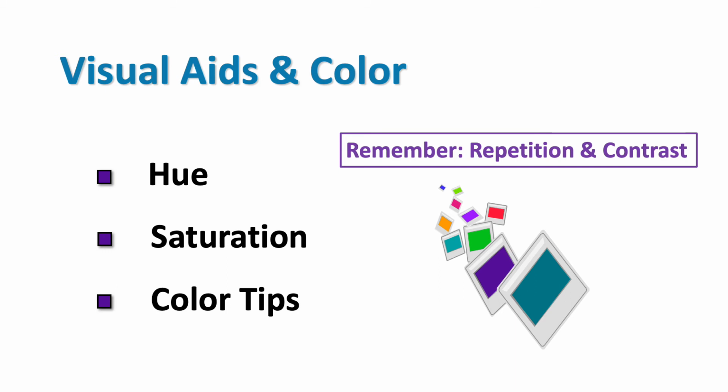I've seen backgrounds that are orange and brown, and they use dark brown writing on it, and that really does not look fabulous. The brown and orange is not enough contrast. So that's something to keep in mind, those principles, repetition and contrast, as you're using color. So we're going to define each one of these items on the subsequent slides.